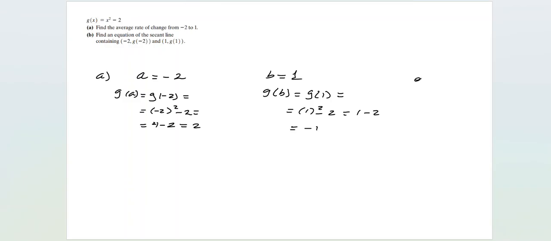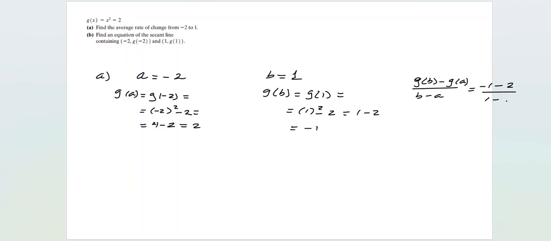So once I have the values of a, b, g of a, and g of b, I can say that my average rate of change, g of b minus g of a over b minus a, would be: what is g of b? We said that g of b is minus 1, minus what is g of a? We said that is 2, over what is b, 1, minus what is a?